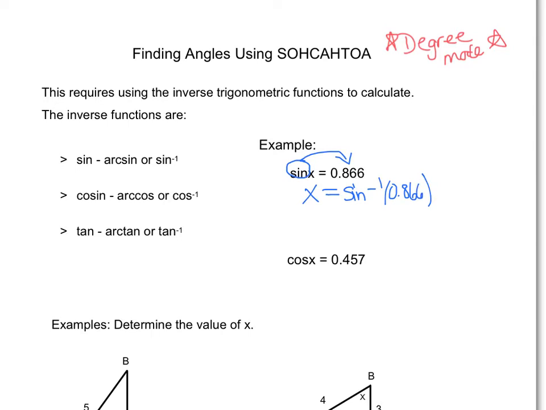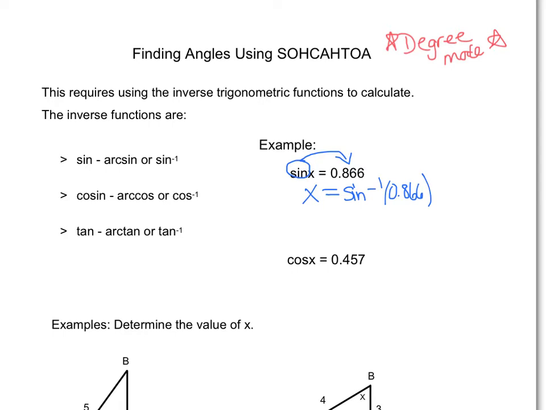You'll find sine -1 as the second function of the sine button on your calculator. So take a moment, please, and find it on your calculator. You'll see it's in yellow above the sine button. I would like you to try to find what this value is. You do sine -1 on your calculator, and then you put in the number 0.866, and you close the bracket and you press enter.